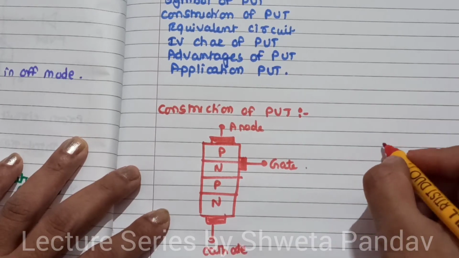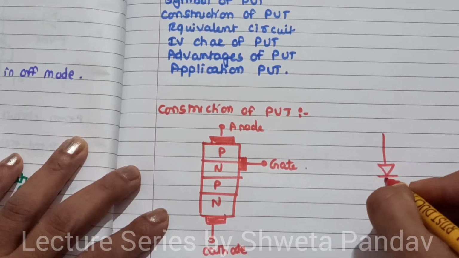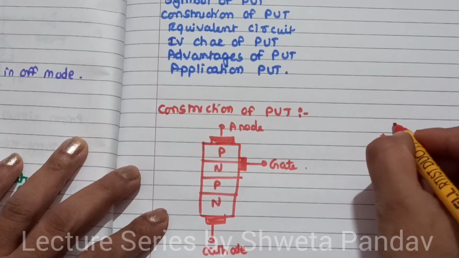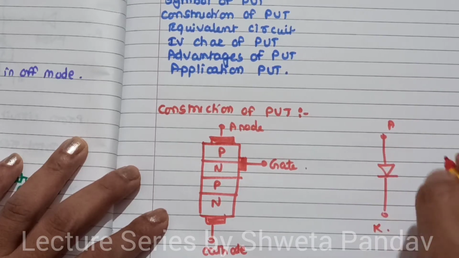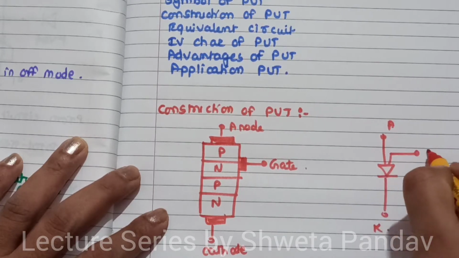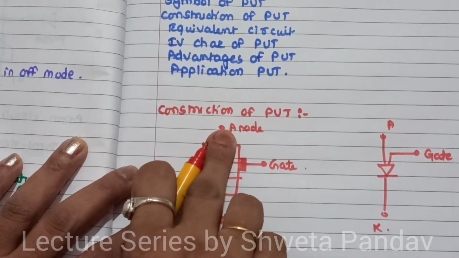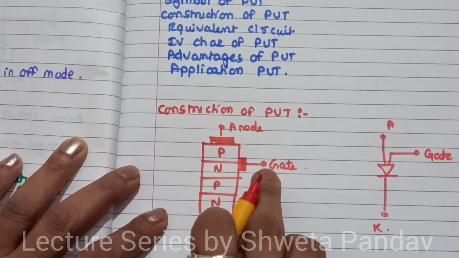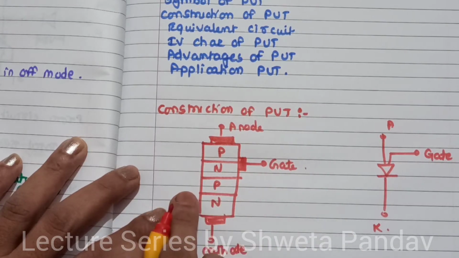So this is the construction of PUT. If I draw the symbol for this, it is quite equivalent to SCR. It has anode terminal, cathode terminal, and this is the gate terminal. Only difference is that the gate terminal is near anode in PUT, while the gate terminal is near cathode for the SCR.